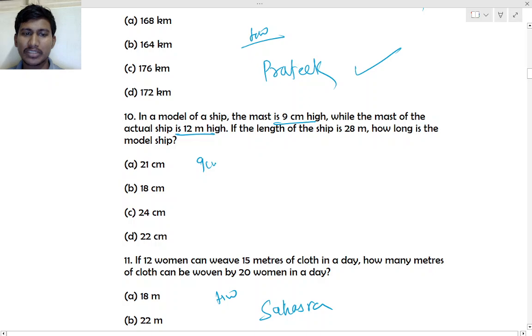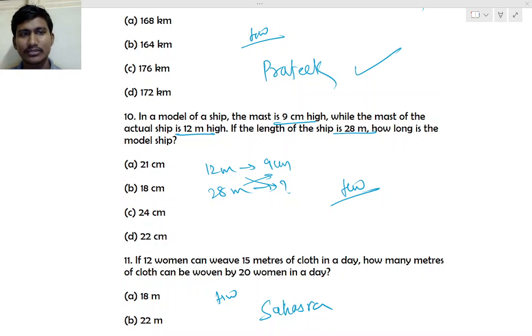So 9 centimeter means 12 meter. If the length of a ship is 28 meter, write it in reverse. So 12 meter means 9 centimeter, 28 meter means how much? You cross multiply and get the answer. Homework. Understand?